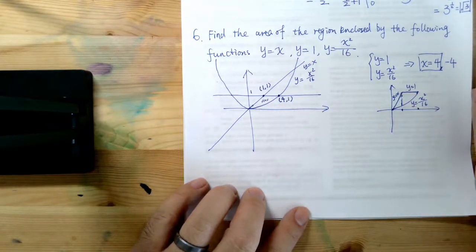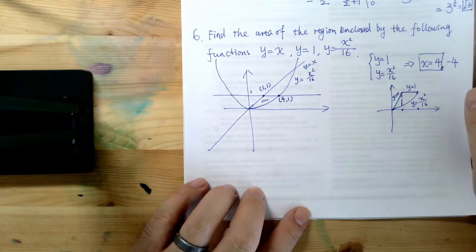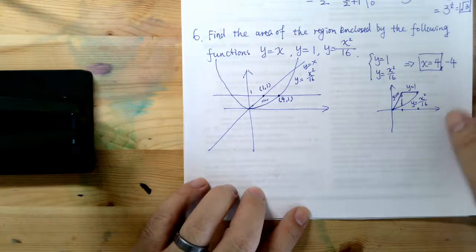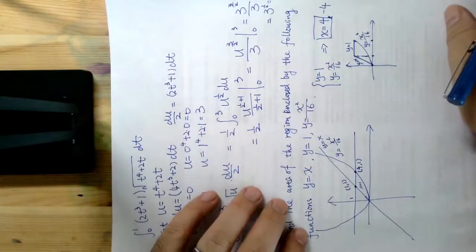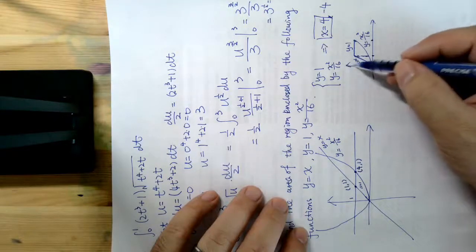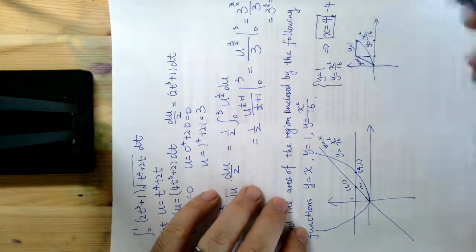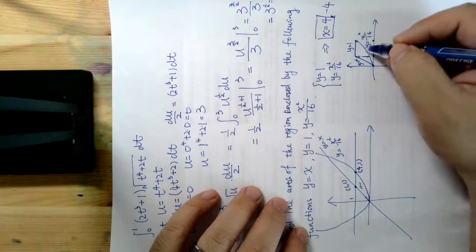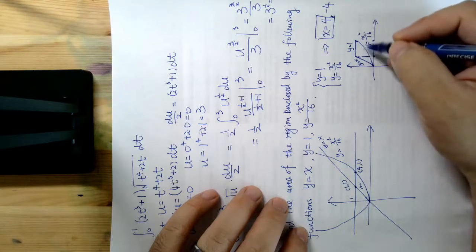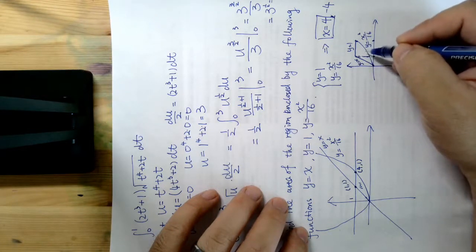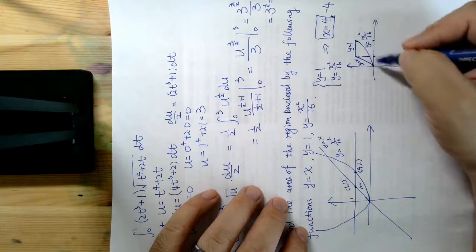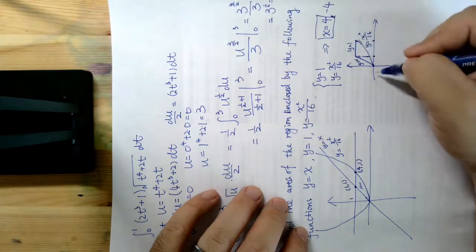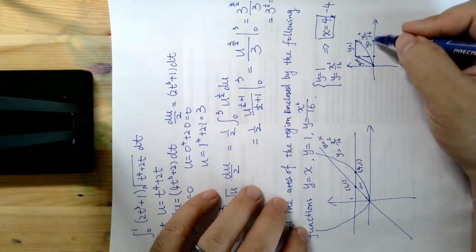However, if we make our integration with respect to y, in other words, if I rotate this, then it becomes very straightforward. Keep in mind this is y, and this is x, because I just rotated this. Do you agree that integrating with respect to y is easy? This is my upper function, it's fixed, y equals x squared over 16.